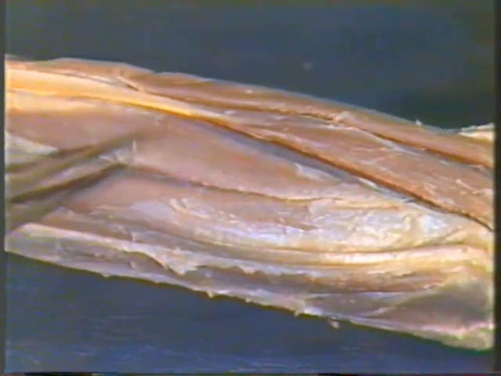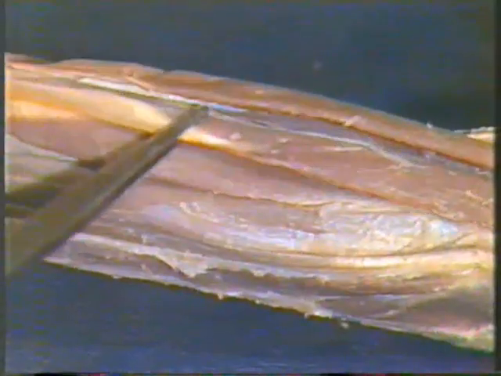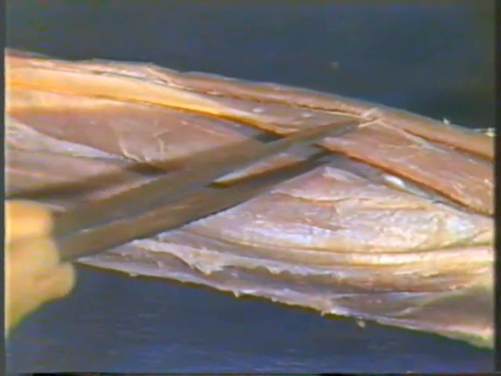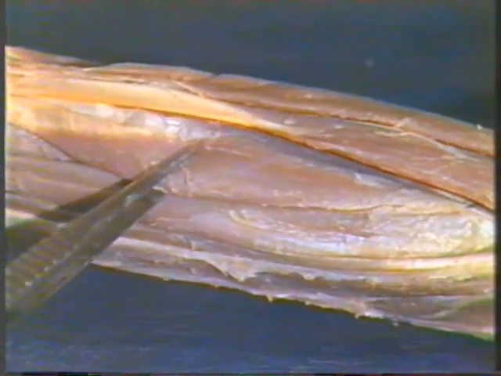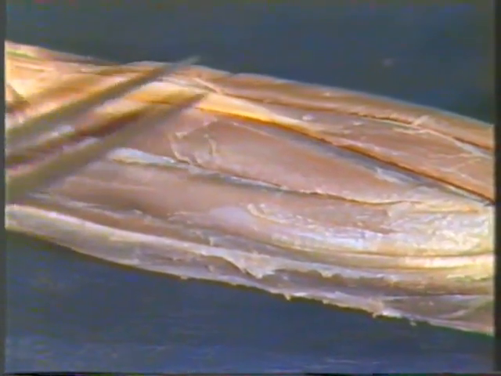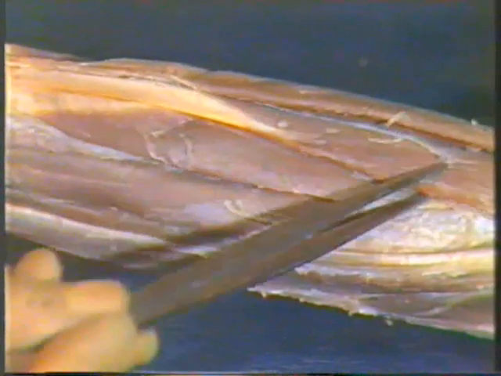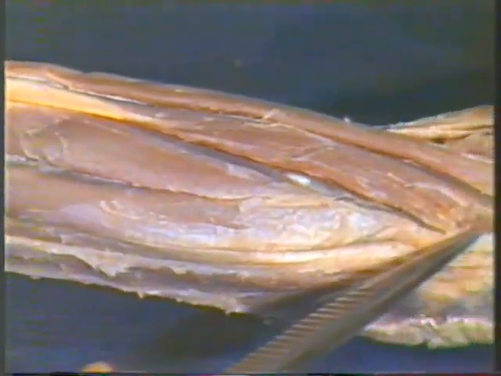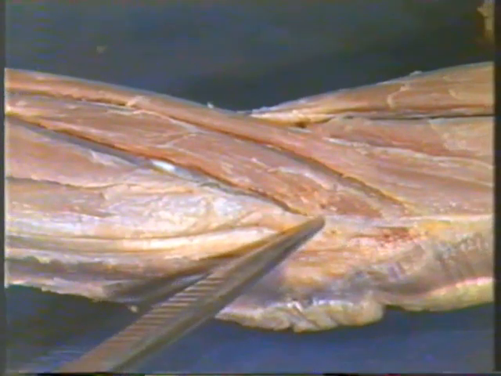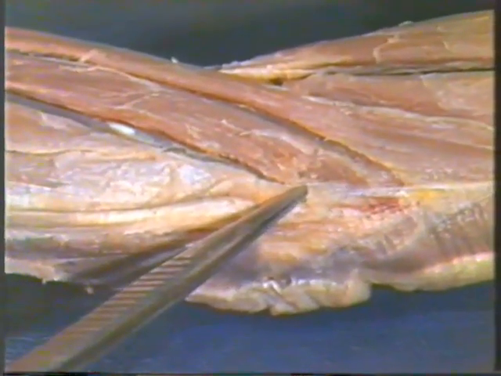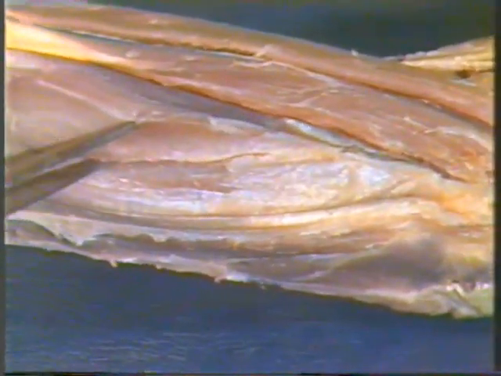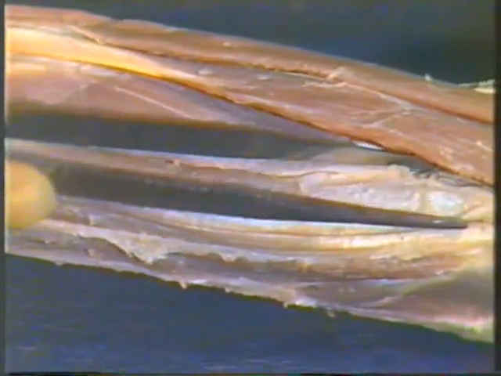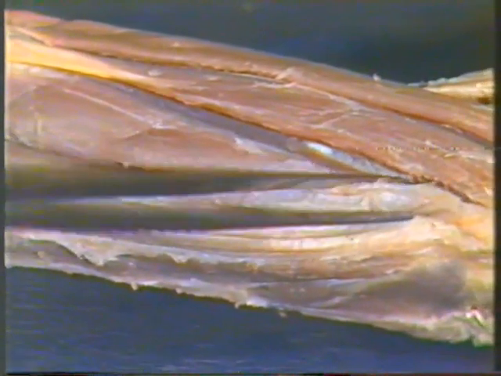The extensor carpi radialis longus and extensor carpi radialis brevis. The extensor carpi radialis longus arises from the lower third of the lateral supracondylar ridge, while the extensor carpi radialis brevis arises lower down from the common extensor origin from the lateral epicondyle.